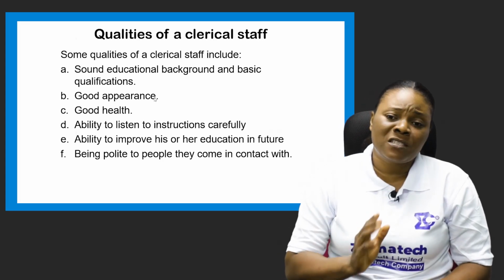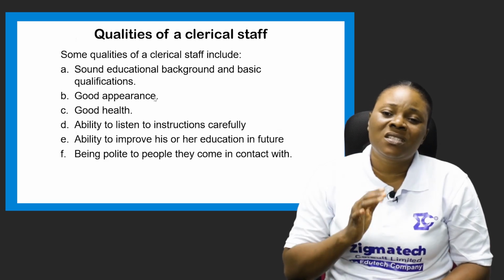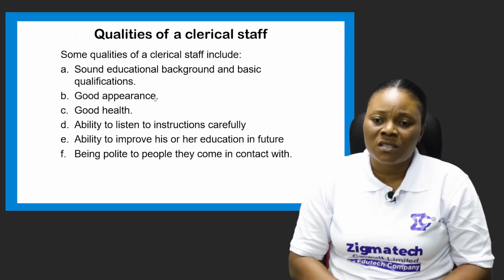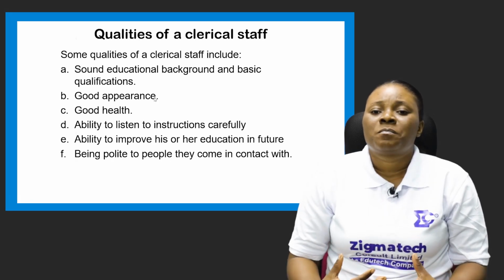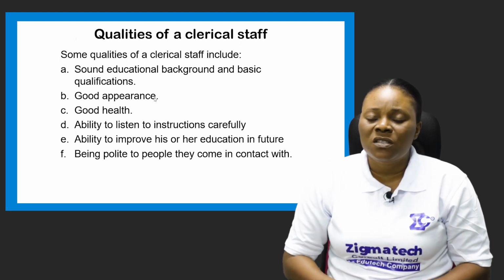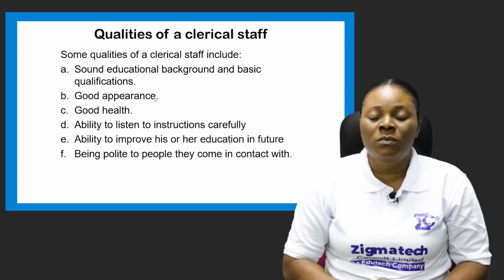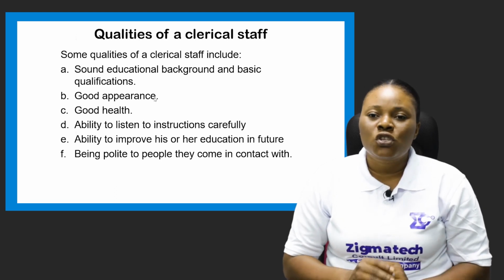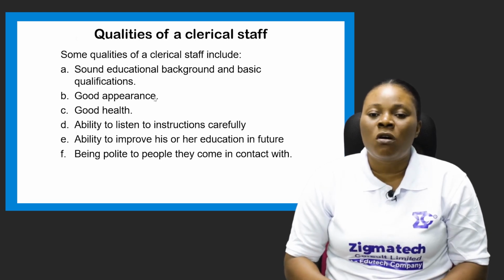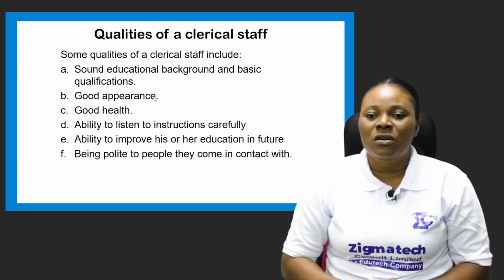Most times you are the first person that the visitor sees or has an encounter with when he or she visits. So the kind of welcome or the kind of attention you give to such a visitor tells the visitor if he or she is welcomed or not. So you should be polite. Somebody who is impolite or someone who is rude or lacks courtesy cannot work as a clerical staff.